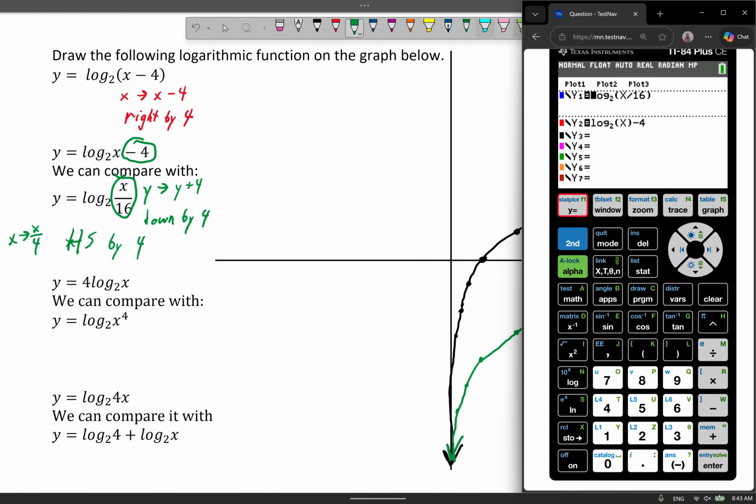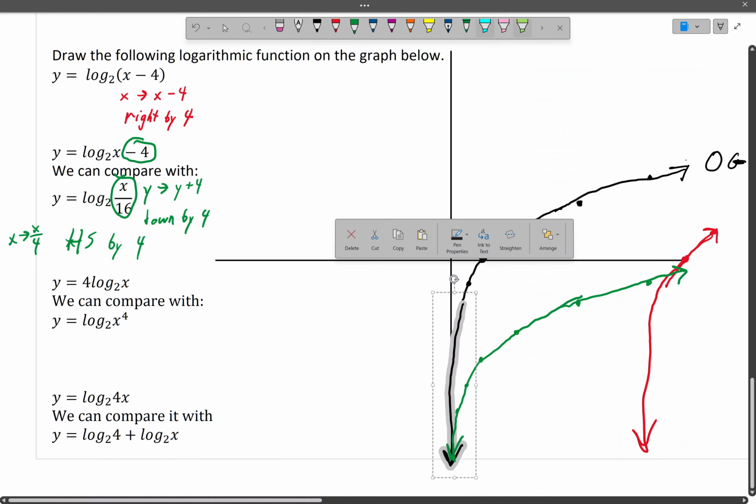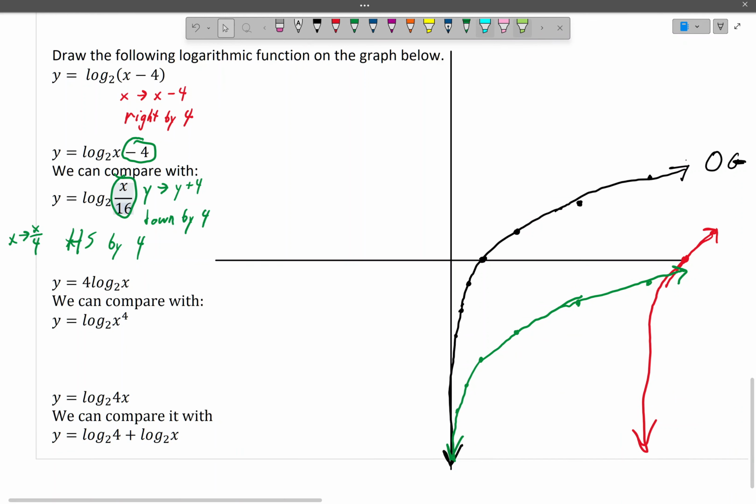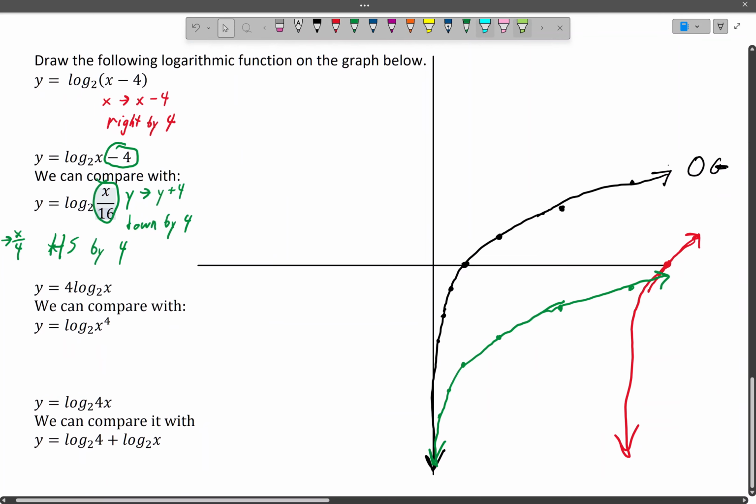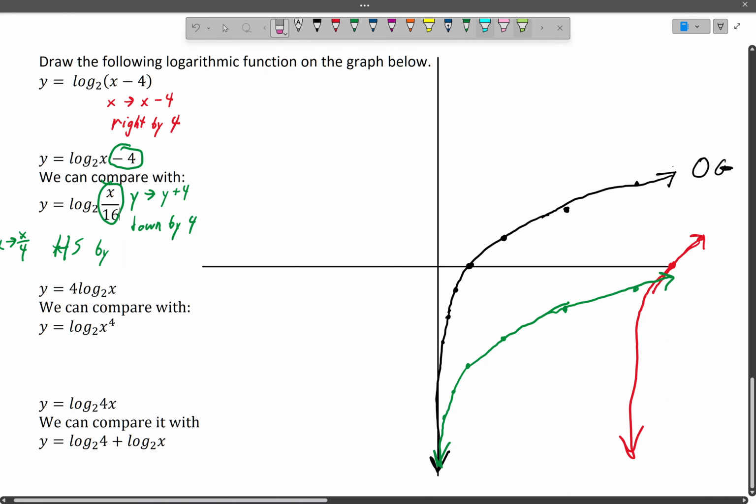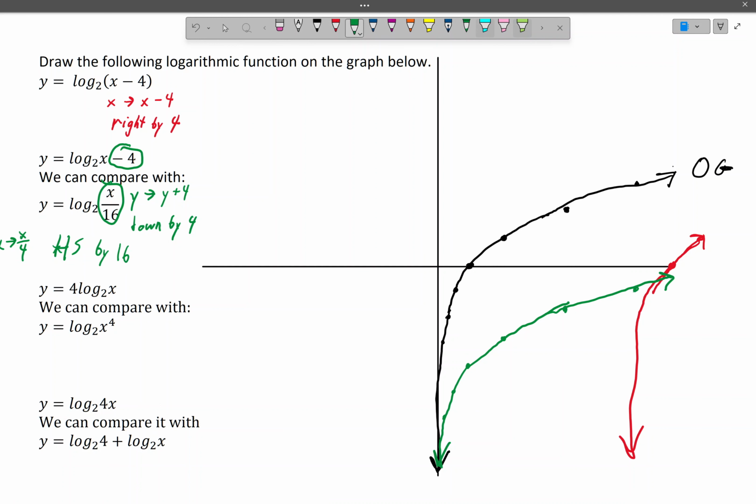Well, if we move down by 4, you can see that every single one of the points still exists, but if we stretch it, we times it by 16 in the horizontal direction, then we can get back to those original points. So, for example, this point here is at 1/2. This point here is at 8, right? So if we take 1/2 times 16, it equals the 8 that we have over here.